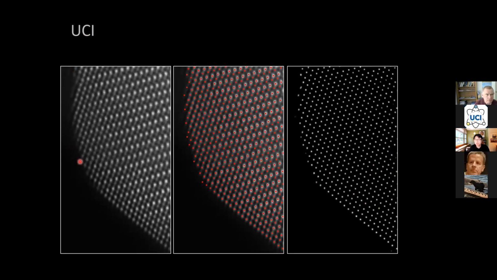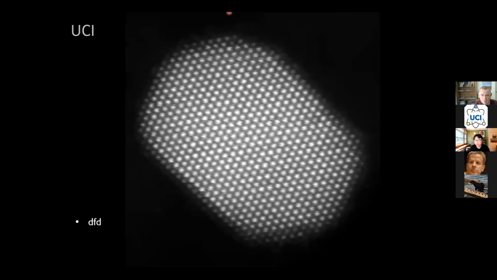But often we don't have very good algorithms to determine these atomic coordinates on the surfaces because the contrast is much lower than that of the interior of the particle. So here I can see the neural network performs pretty well on these cases.